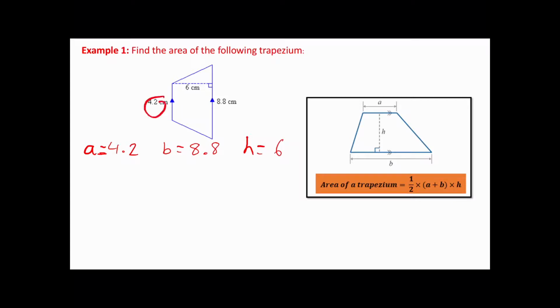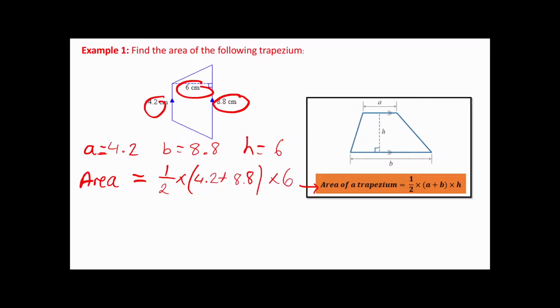So A, B, H. Next, what I'm going to do is substitute those into this formula here. So my area is going to be equal to half times 4.2 plus 8.8 times 6.